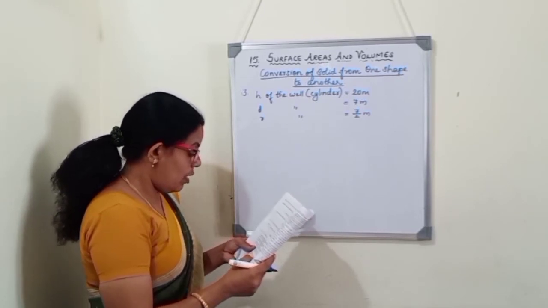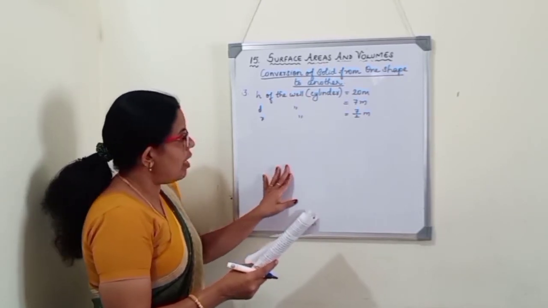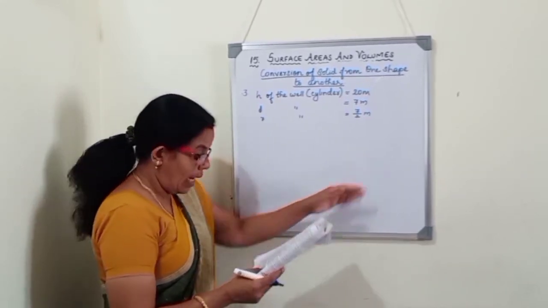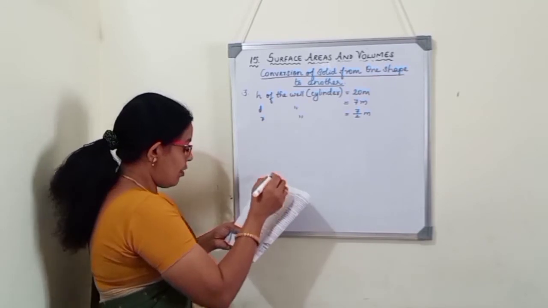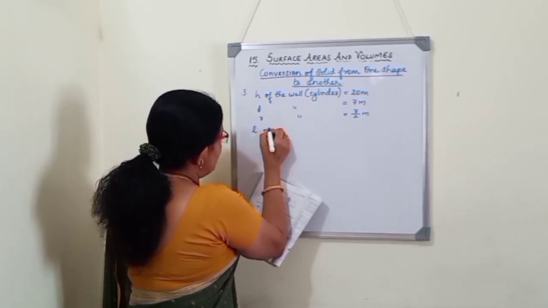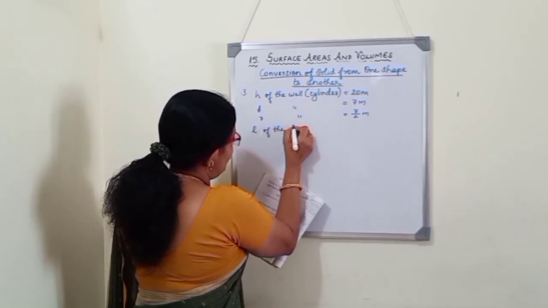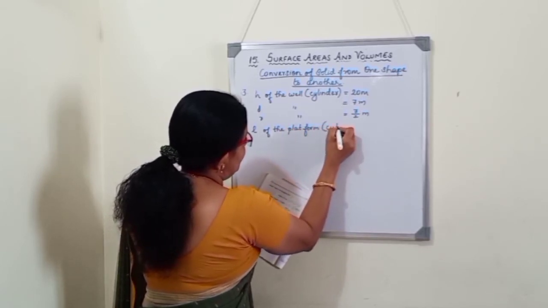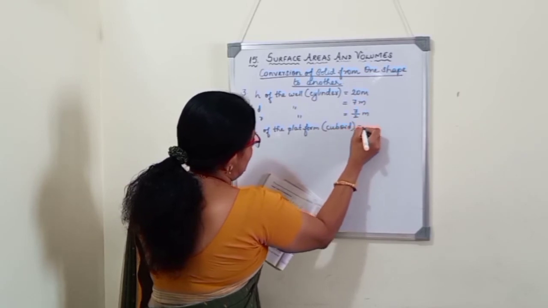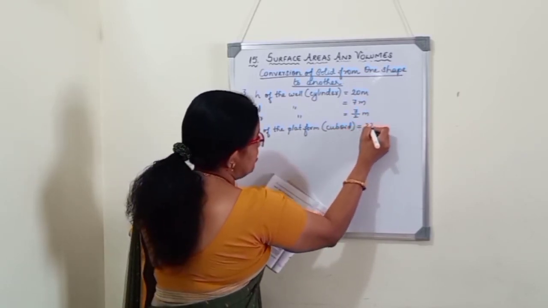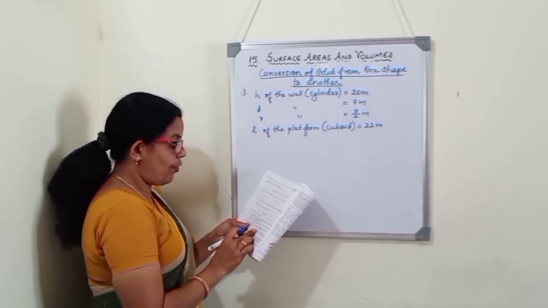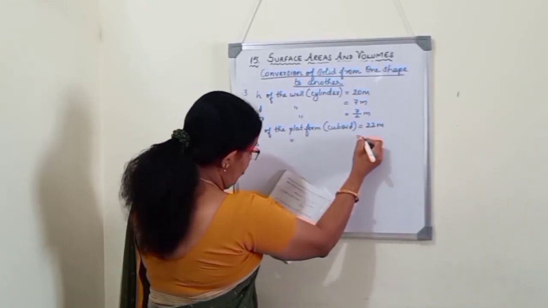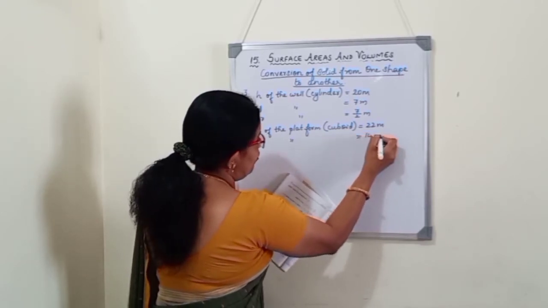When they dug the well, the earth taken out, or the mud taken out, they will arrange it in the form of a platform in which the length of the platform is 22 meter. The platform is a cuboid, with 22 meter as length, 14 meter as breadth, and they asked us to find the height.